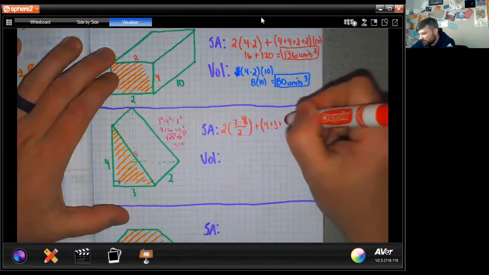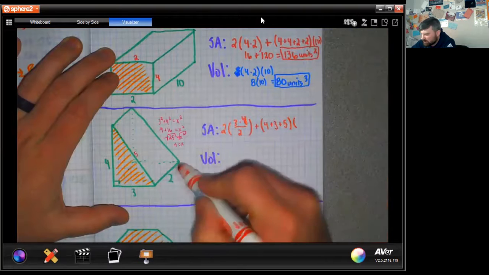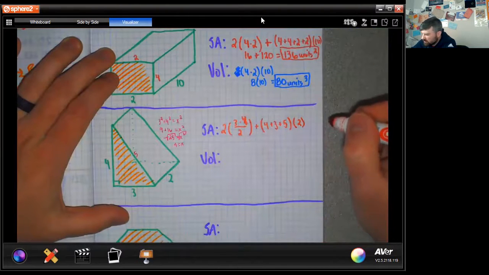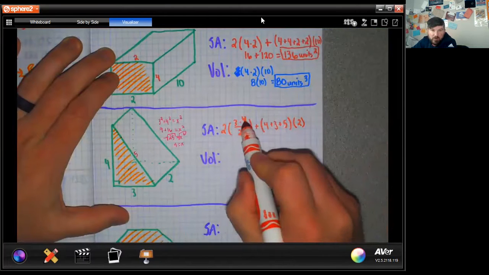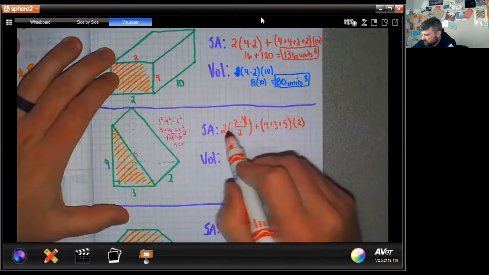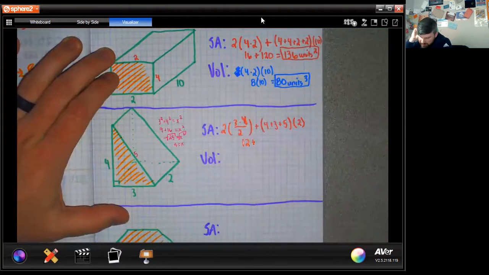So 5 times the height between the bases, which is 2. So you got 3 times 4 is 12. 12 divided by 2 is 6. 6 times 2 is 12. You got 4, 3, and 5.